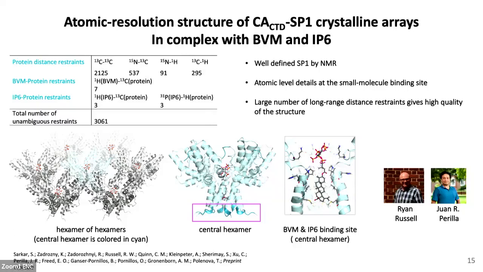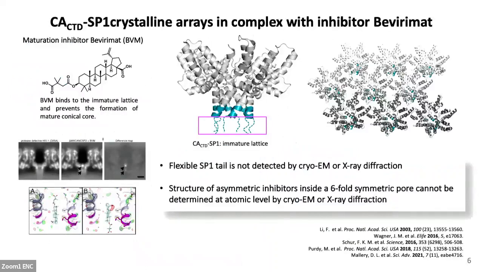If you see in this figure, the electron density does not really define the orientation and the binding interaction. So that's why it was not possible. But in NMR, we see direct correlation of the protons from the small molecule to the protein, and by that we were able to define the orientation and binding.